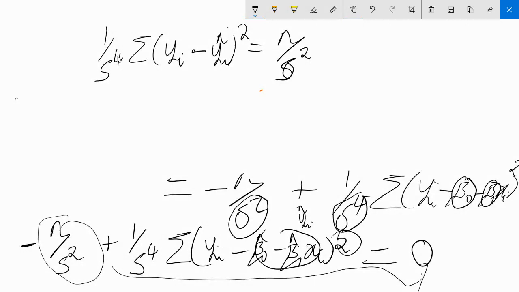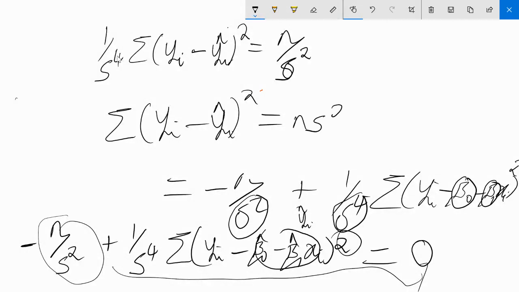It's mathematics, it's allowed. So if I multiply both sides by s to the power 4, on the left, I will be left with the sum of yi minus yi hat squared, which is equal to, on this side, s to the power 4 divided by s squared, so I will be left with s squared.